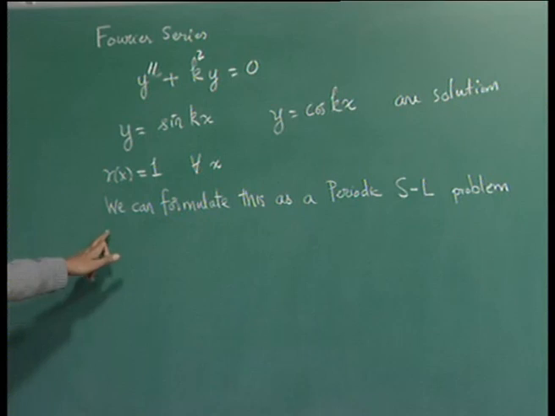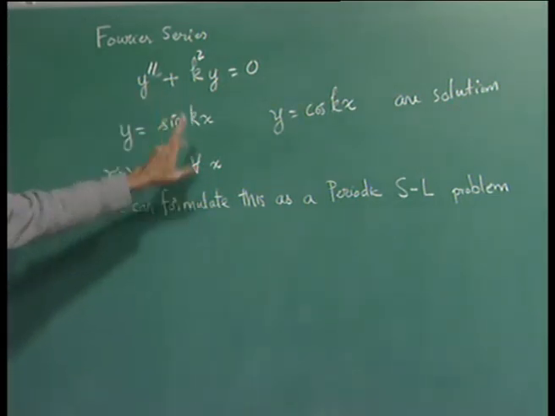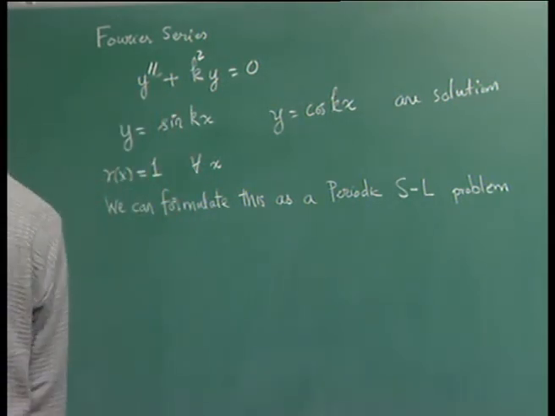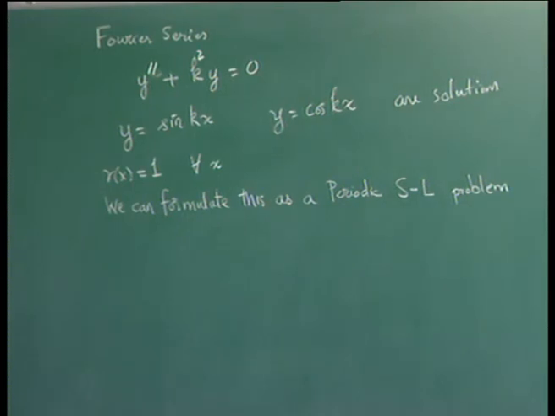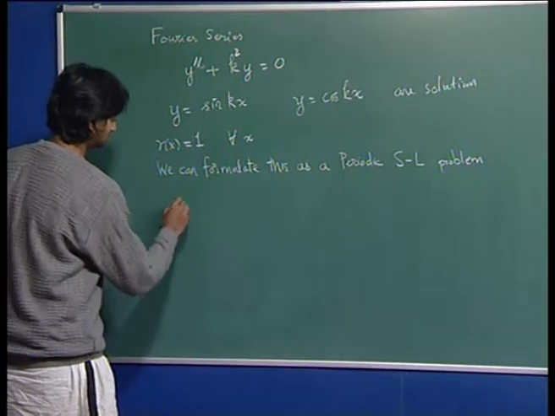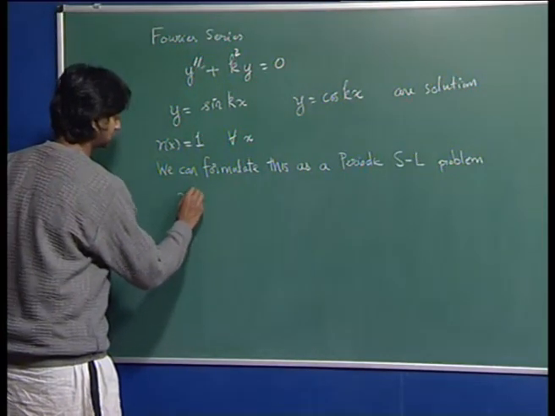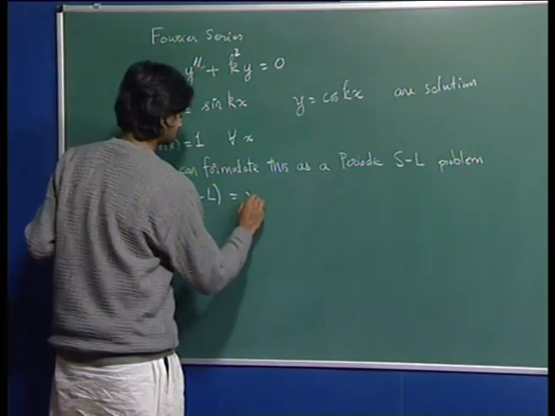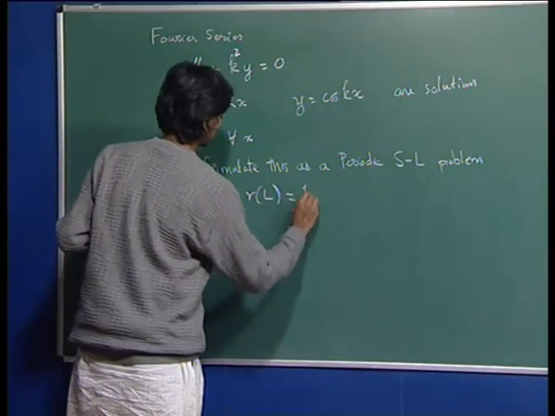And we can take any period and formulate it as an appropriate periodic Sturm-Liouville problem. What we will do is formulate it as a periodic Sturm-Liouville problem between minus L and L. We will notice that r of minus L is equal to r of L equal to 1.